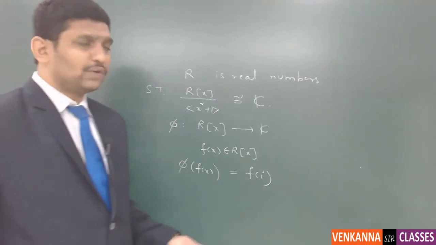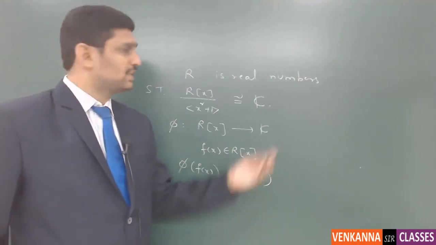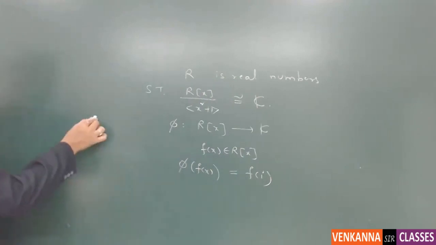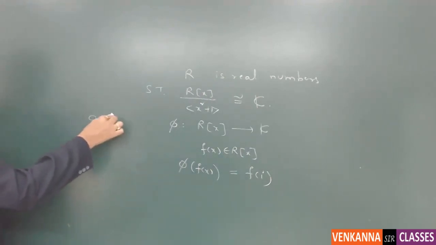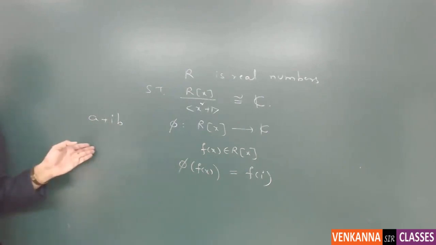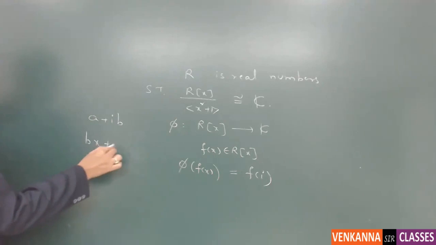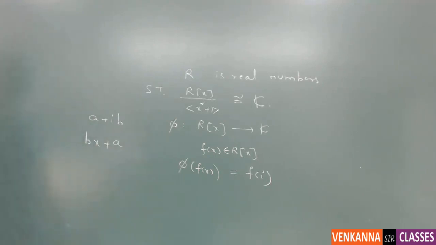Because if you take any complex number on the right hand side, say a plus ib, what could be the corresponding polynomial here? The polynomial I am taking is bx plus a. So this is the polynomial in the domain.